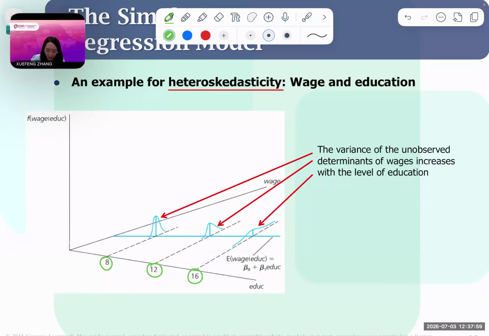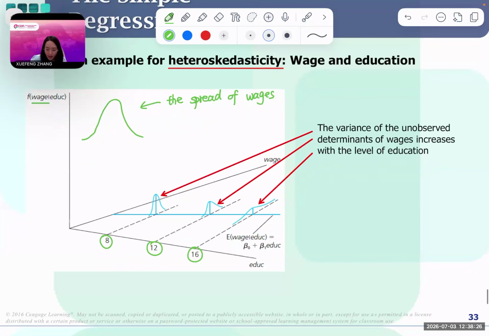At 8 years, the spread of wage, the spread of y, where y here is wage, is narrow.